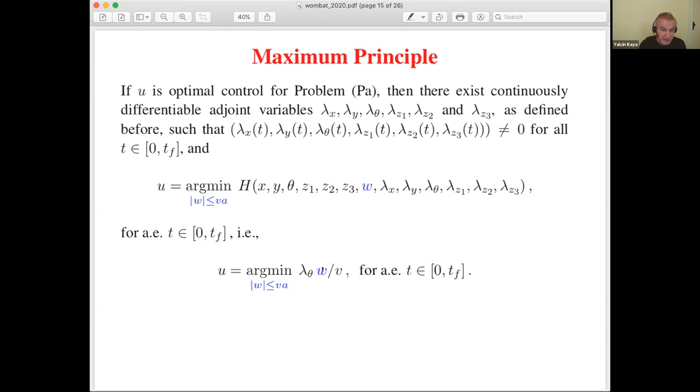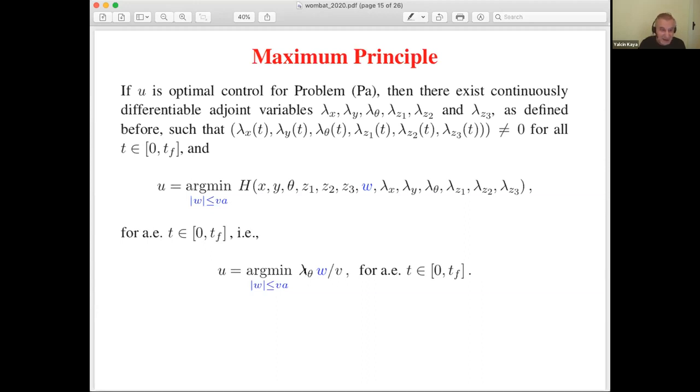For this one, W here is bounded by minus VA and VA. So the minimizer of this depends on the sign of lambda theta. When lambda theta is negative, choose W to be the maximum possible value, which is VA.